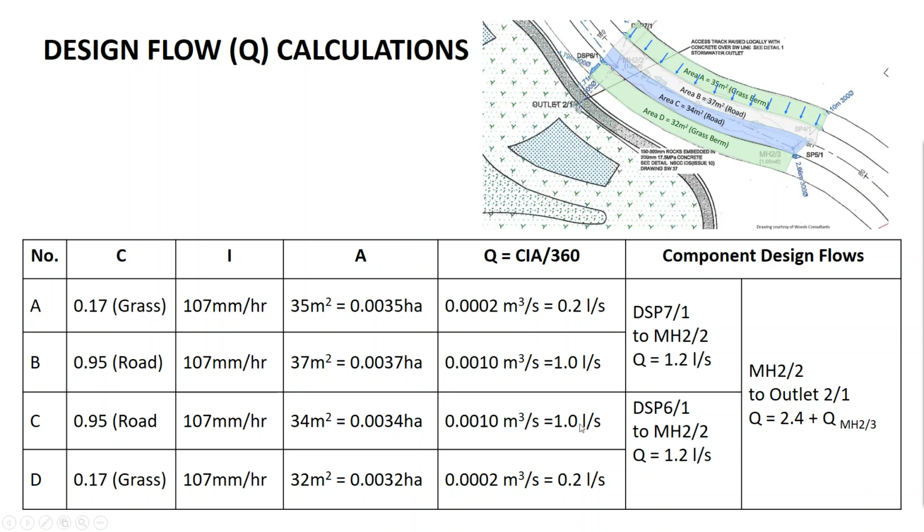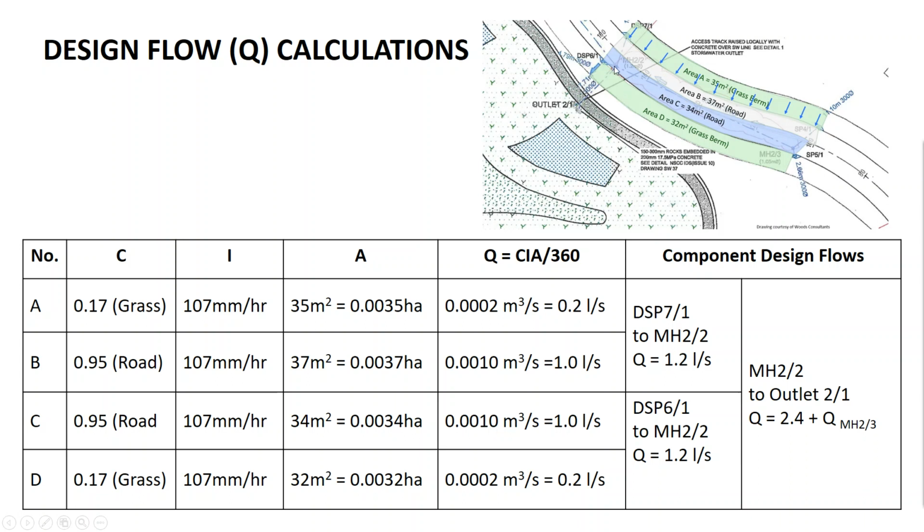Do it with the other side, and once again we end up with 1.2 liters per second going into a splay pit which has a capacity of 75, so we know that splay pit's okay. We add them both together and end up with 2.4, and now we're looking at the flow that's coming out of this manhole here. There's a flow coming in from there, which is 1.2, a flow from there, which is 1.2, and then whatever you calculated for the flow coming from this catchment here.